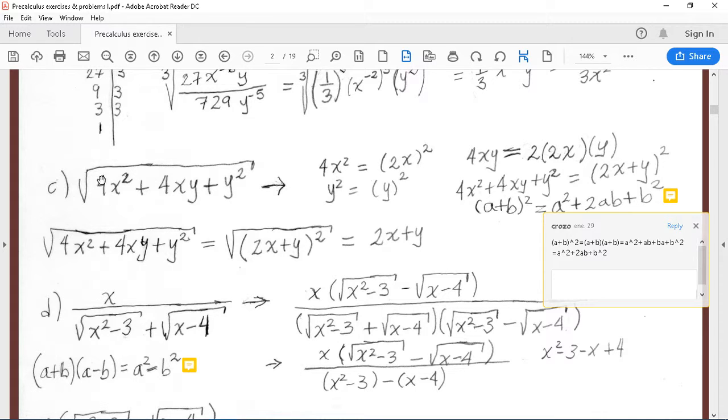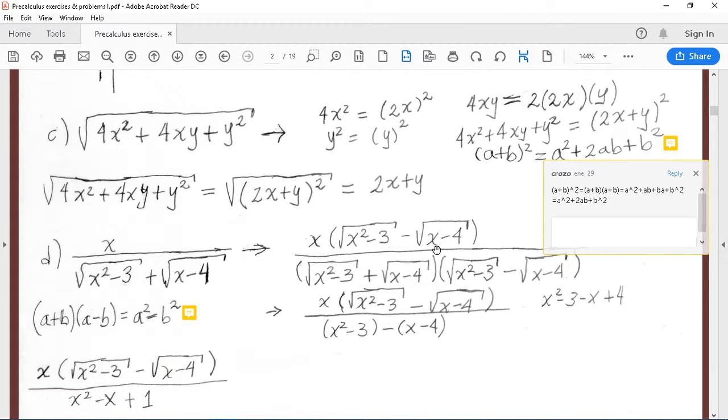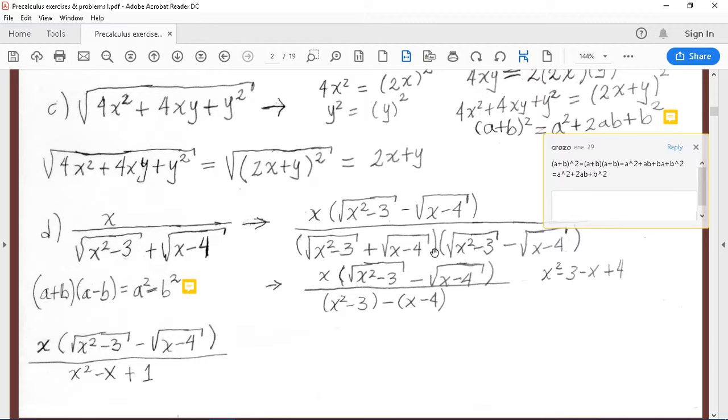So this means that this term here is a perfect square, so that the square root of 4x squared plus 4xy plus y squared is the square root of 2x plus y, in parentheses, squared, which gives me 2x plus y.